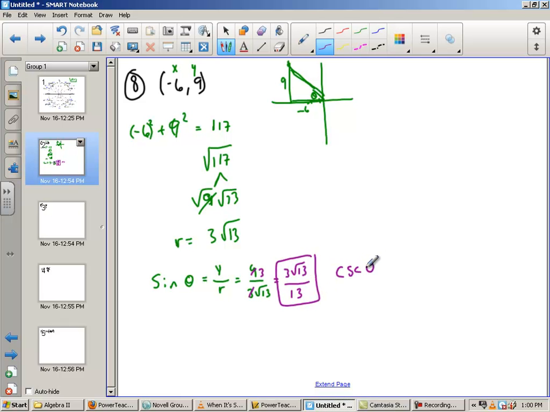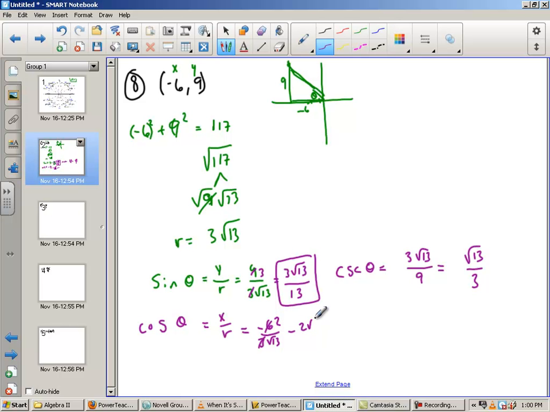When I do the cosecant of theta, it's just going to be 3 root 13 over 9, which reduces to root 13 over 3. I continue on with the cosine of theta, which is x over r, which is going to be -6 over that 3 root 13, and this is a 2, and that's a 1.